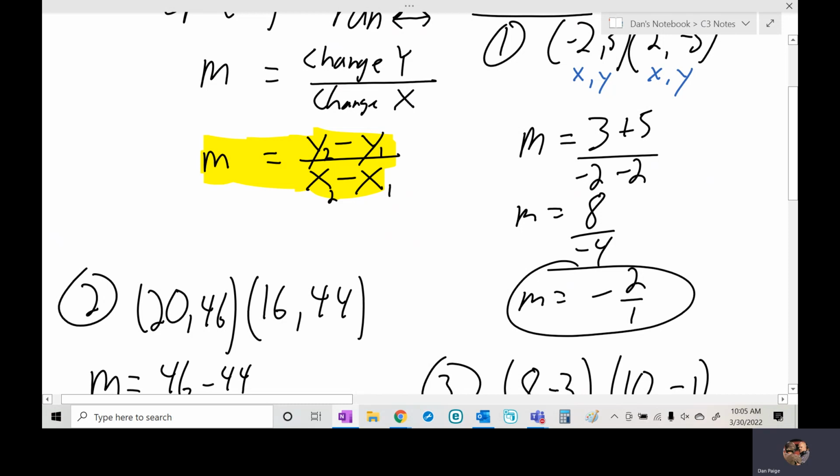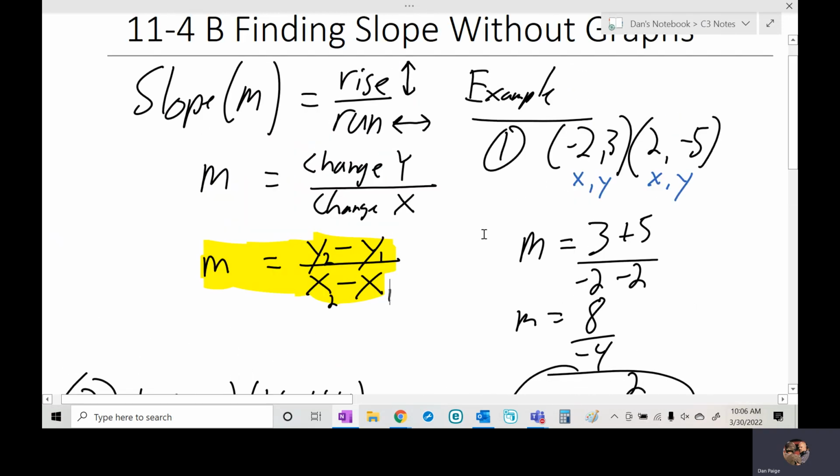Those little 2's and 1's are like names. It's saying the y from one of the points minus the y from the other point. It's kind of obvious, you can't subtract the y from the same point, and you have to do it in order. So that's the normal way it's written.